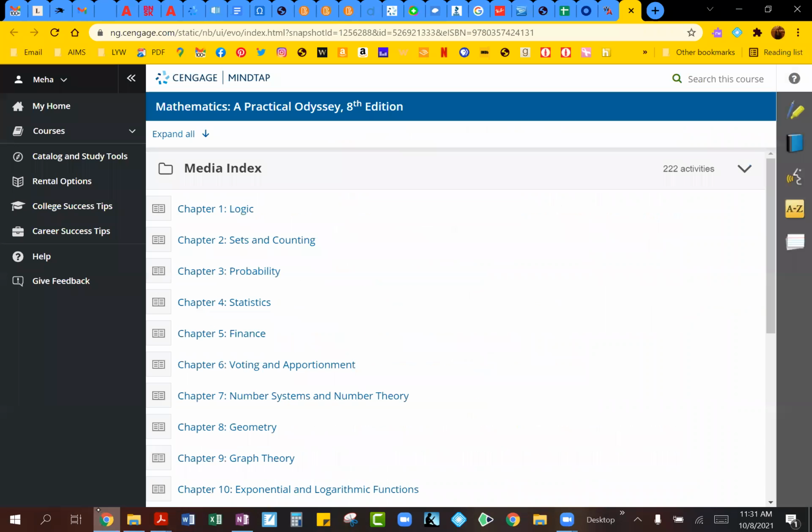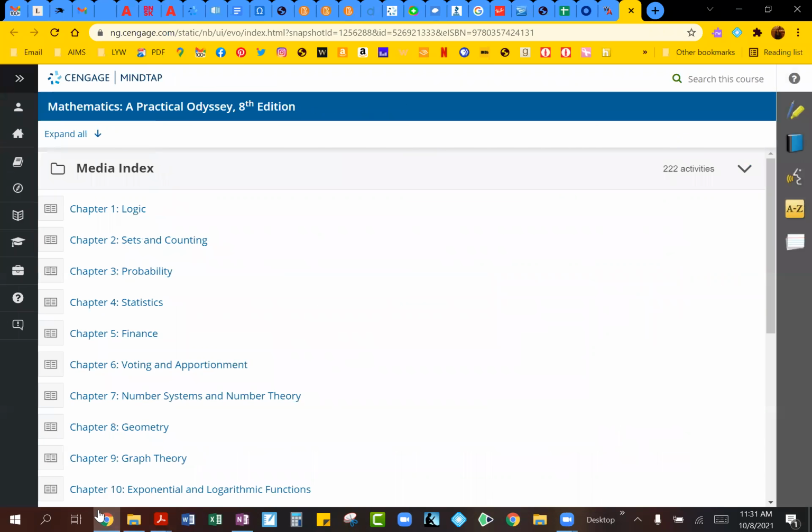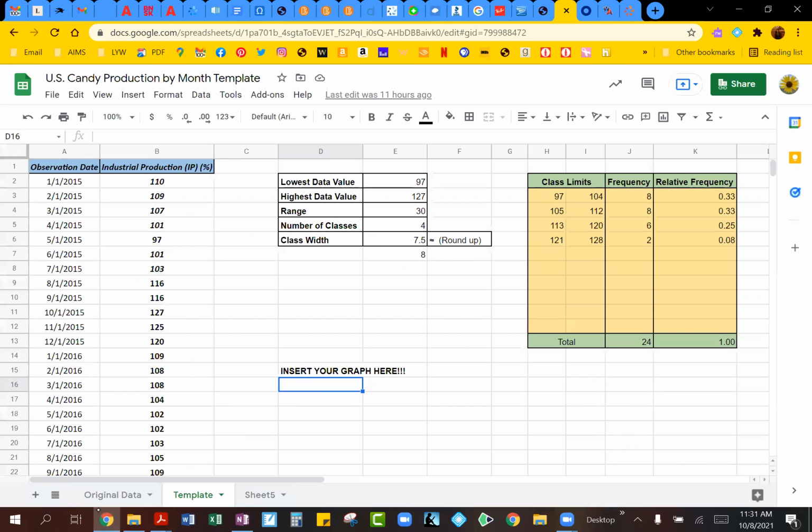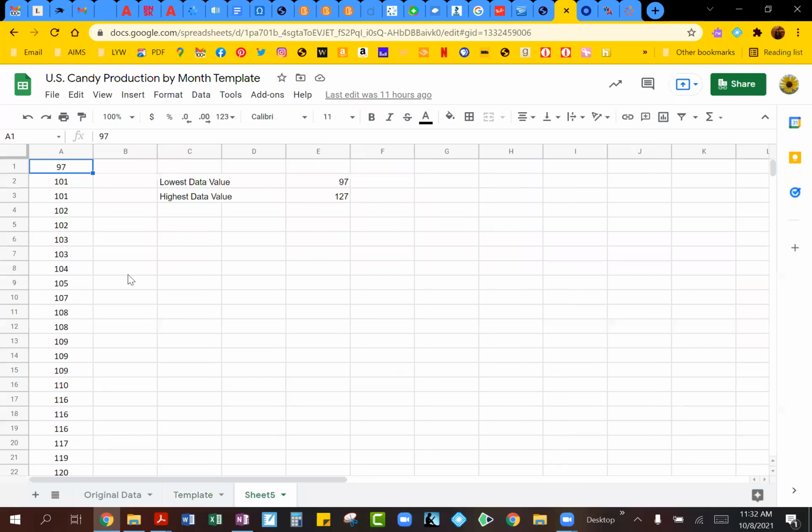So actually, the example we were looking at last time, if we had to calculate the average for this, I'm going to go over to our page over here where we had sorted this out in order from smallest to largest.